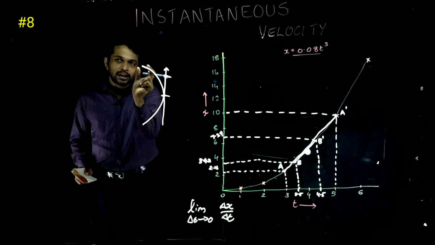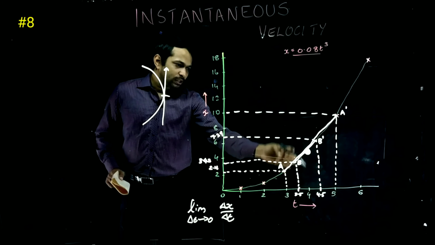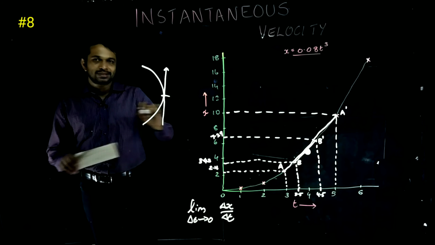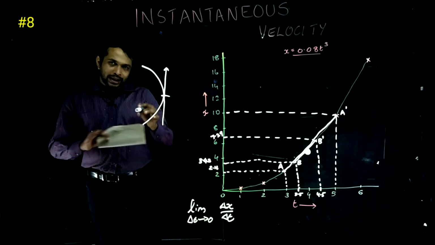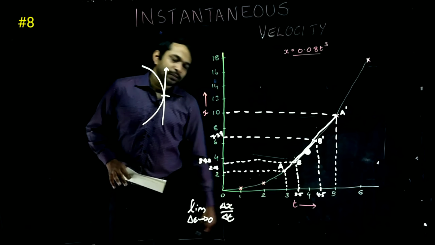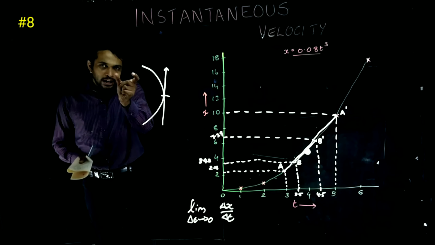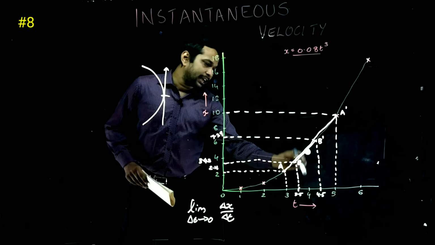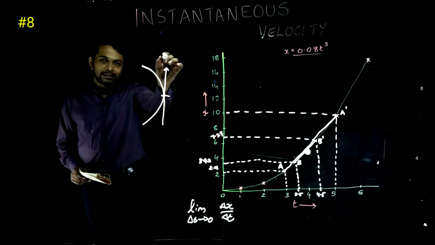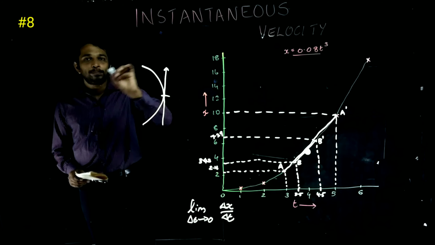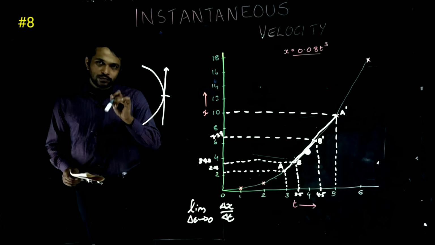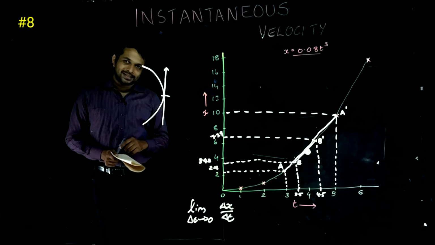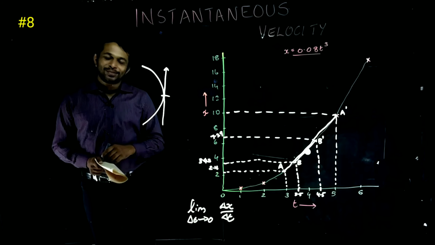You can again reduce it, but actually the problem is to draw each and every line in this graph. It will just make everything dirty. So that's why I have stopped at 3.5 and 4.5. And similarly, if you go on reducing it, you will get a line going at exactly t equal to 4 seconds, and that will be a tangent also, and the slope of that tangent line gives you the instantaneous velocity at t equal to 4 seconds. Okay, hope this is clear for you.